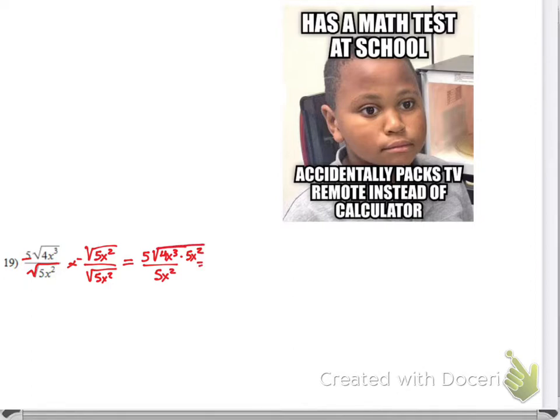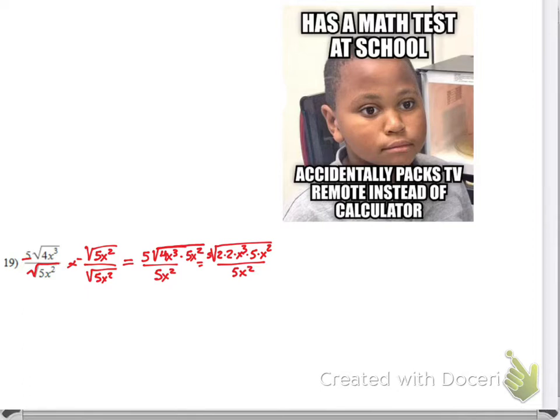So what I can do is I can start pulling things out of underneath of the radical. So it's going to be 2 times 2 times x cubed times 5 times x squared, and we still have the 5 on the outside, and then on the bottom is 5x squared.